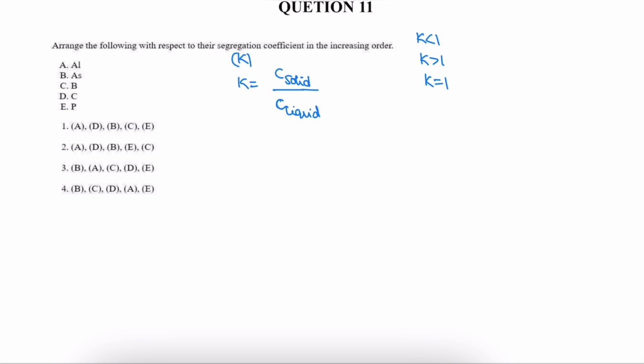This segregation coefficient K quantifies how much an element concentrates in one phase relative to the other.